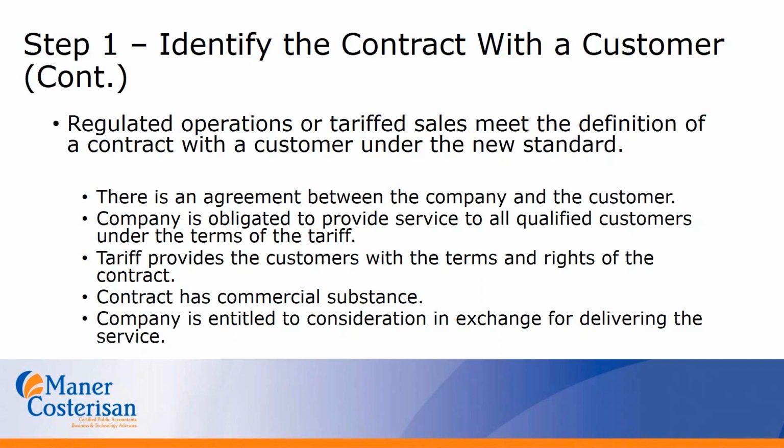If we think back to the 5 criteria that must be met in order for there to be a contract with a customer and apply that to the entity's tariffed contract with a customer, you will see it meets all of the criteria to be a contract with a customer.